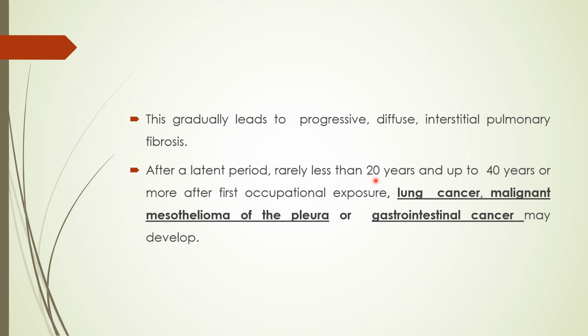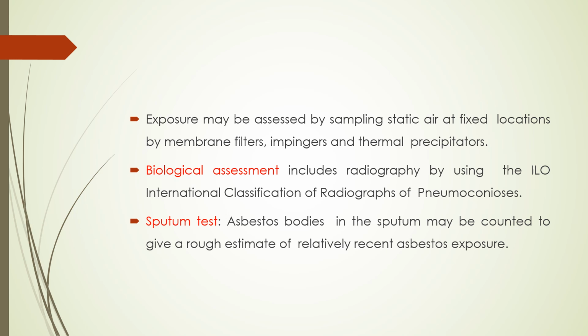After a latent period, rarely less than 20 years and up to 40 years or more after first occupational exposure, lung cancer, malignant mesothelioma of the pleura, or gastrointestinal cancer may develop. Exposure may be assessed by sampling static air at fixed locations by membrane filters, impingers, and thermal precipitators.